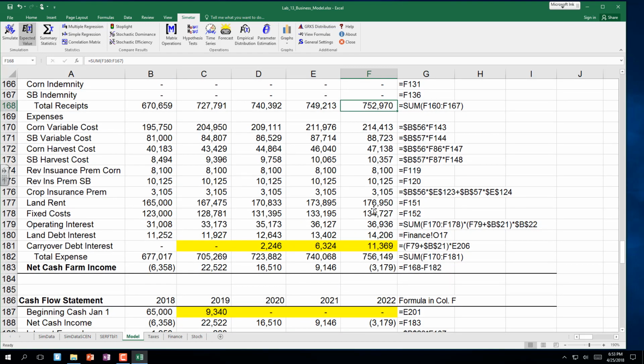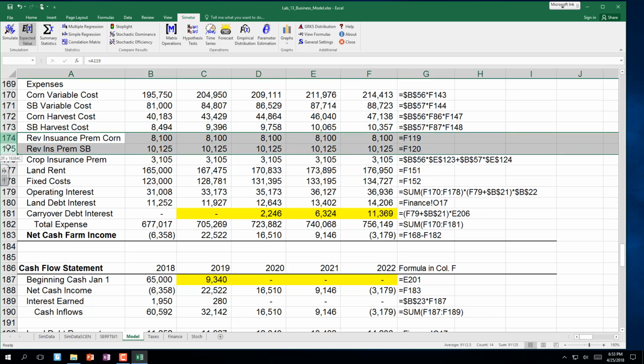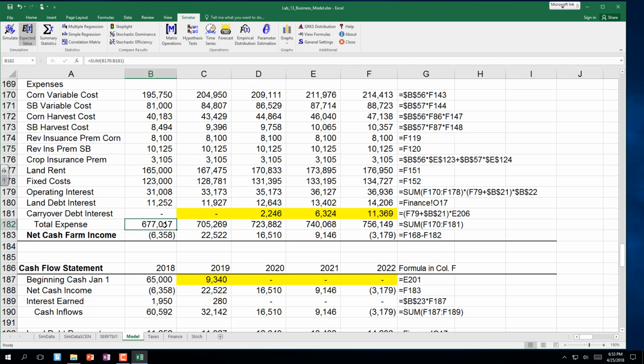Those didn't change. What might have changed are your total expenses, because what we did was add revenue insurance premiums of about $18,225 that first year. And so our total expenses should be $677,000. Got it?